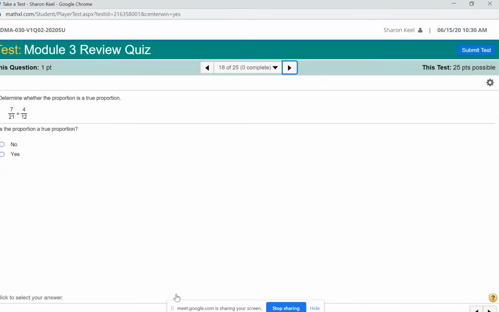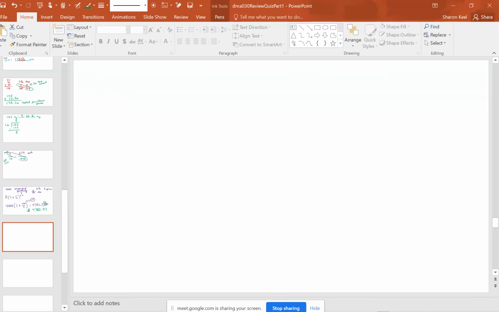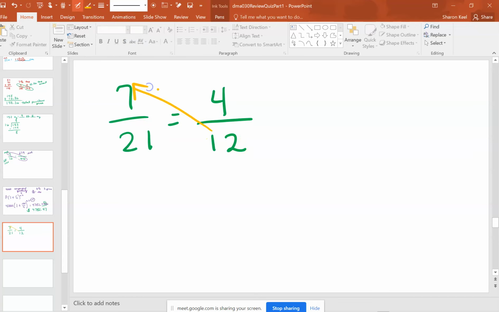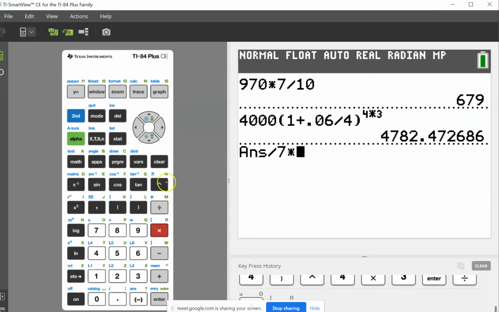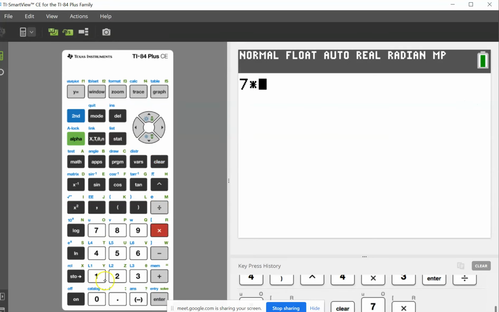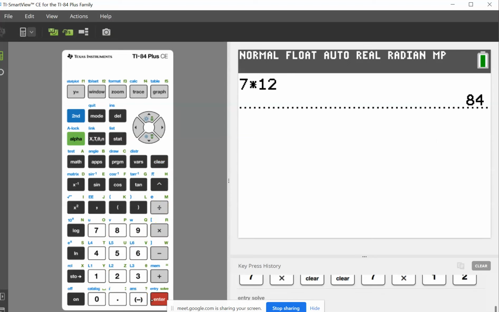Determine whether this is a true proportion. 7 over 21 and 4 over 12. The way to determine if it's a true proportion is you're going to cross multiply. We're going to do 7 times 12. That gives us 84.